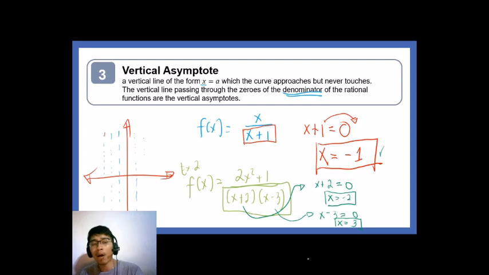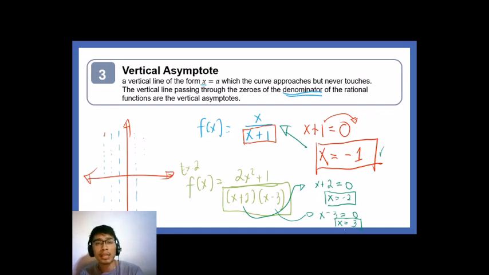So that's how you define vertical asymptote. That is a vertical line where your x approaches, where your graph keeps on approaching but never touches. So basically for vertical asymptote, we are avoiding these terms. We are avoiding this term because once you substitute negative 1 to example number 1, your denominator will become 0.